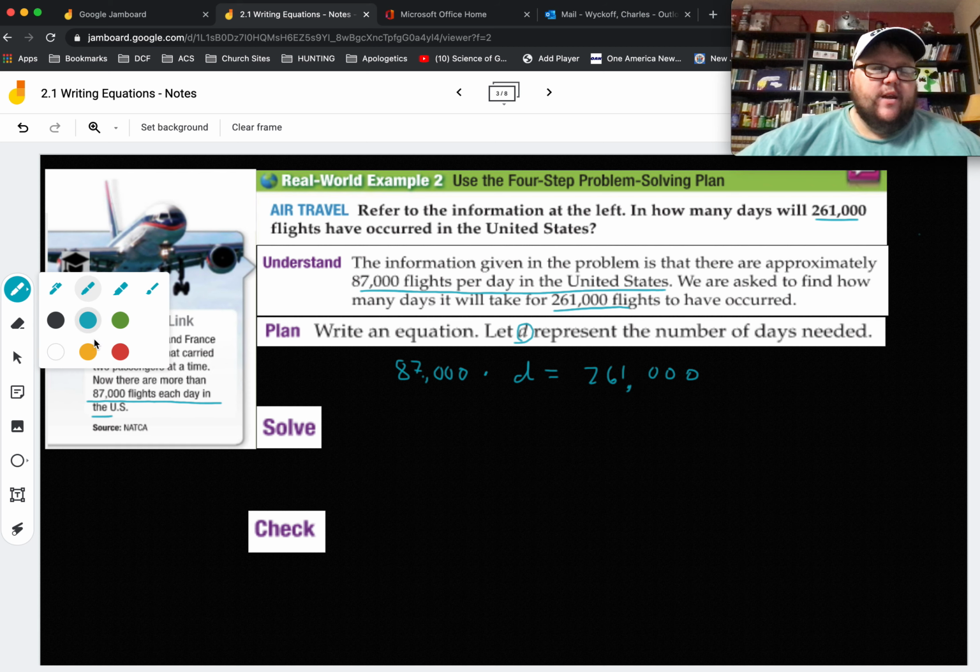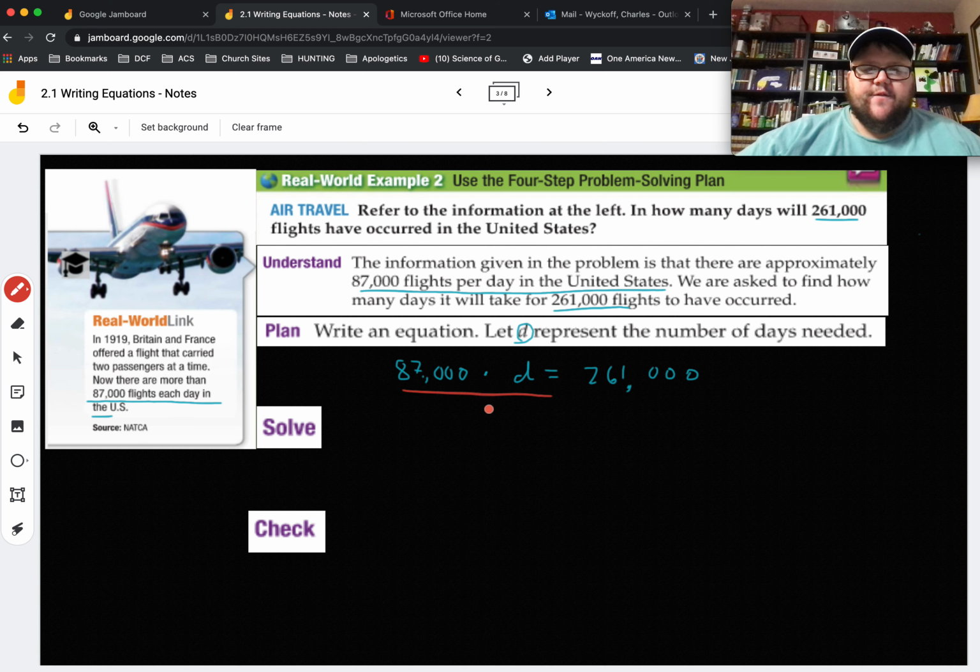We're just going to solve it. So when we solve, I'm going to divide both sides by 87,000. And I get D equals 261,000 divided by 87,000 is 3.